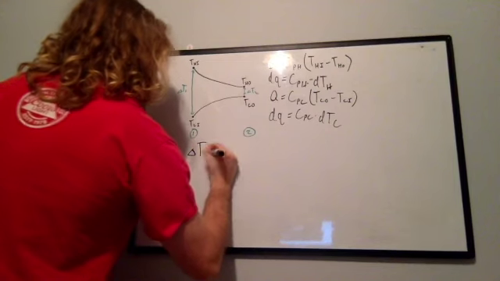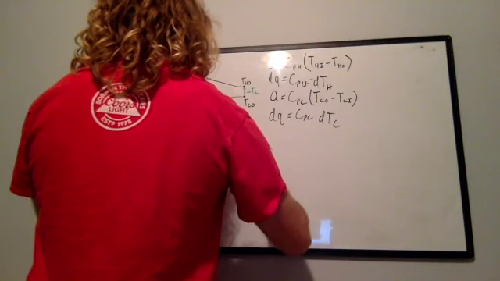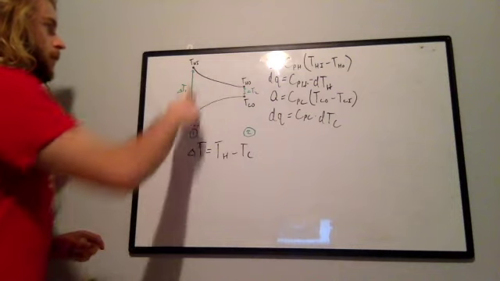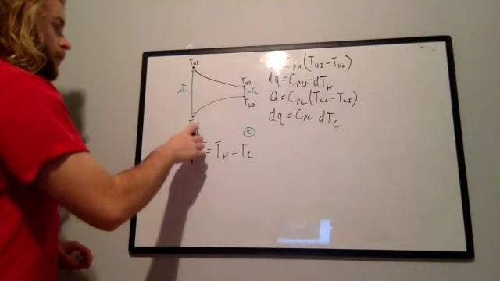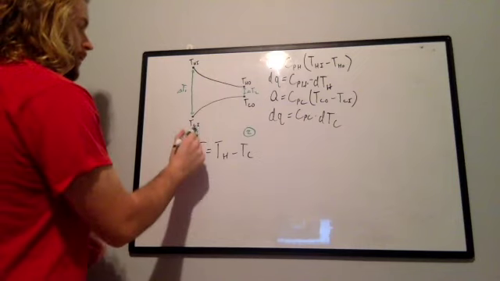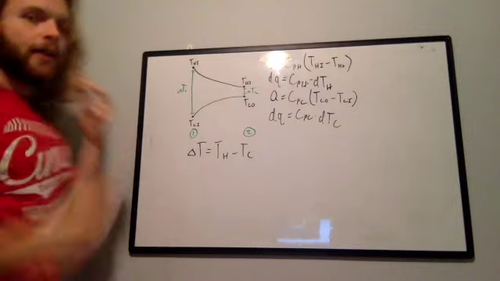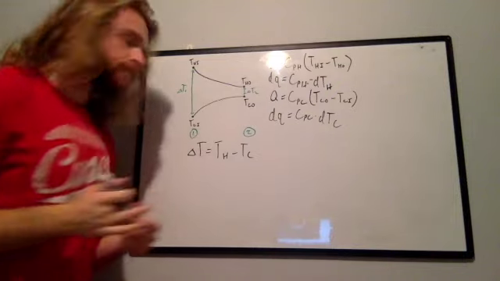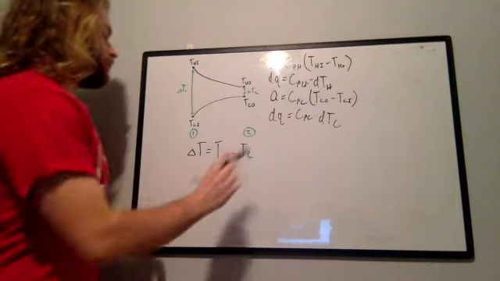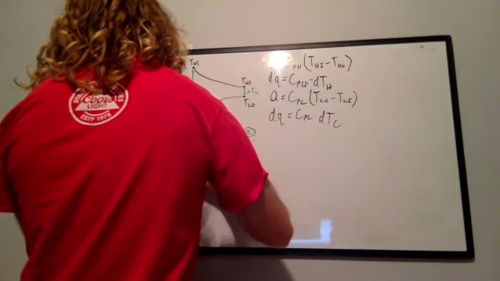Delta T is going to be equal to TH minus TC. We can see that here in our examples at position 1 and position 2. We subtract the temperature of the cold channel from the temperature of the hot channel at that position, and that gives us the change in the temperature, right? What we will then do is go ahead and take the derivative of this. So we will say d delta T.